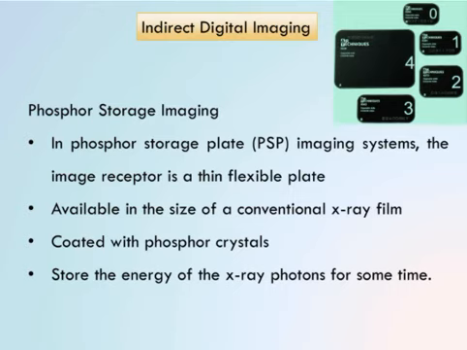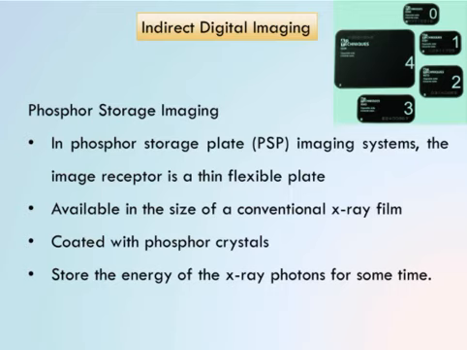Next is the phosphor storage imaging. It's also called phosphor storage plates or photostimulable phosphor plates. Okay, any of these two terms represent the same thing. Its short form is PSP. So this belongs to indirect digital imaging.